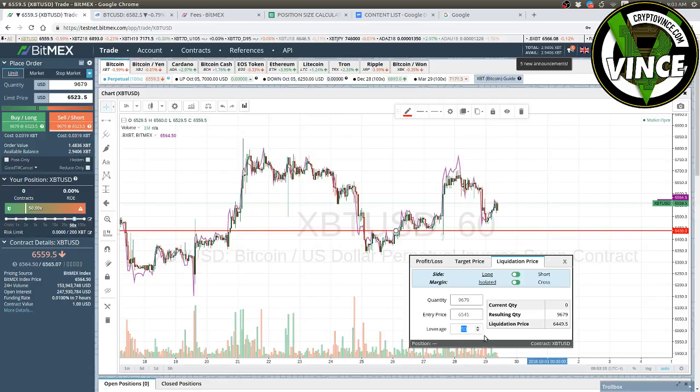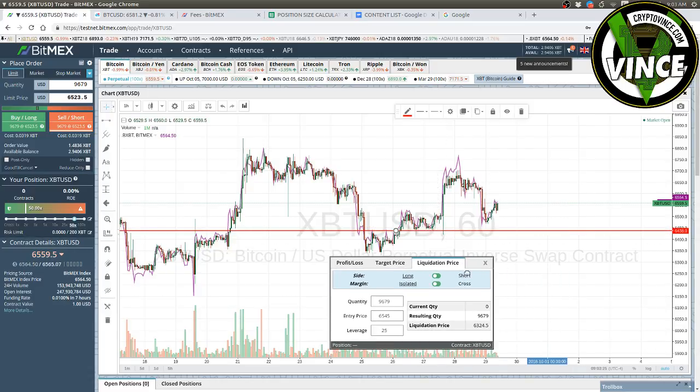Your liquidation price will be far away. BitMEX has a calculation for your bankruptcy price and another for your liquidation price. Strictly, your bankruptcy price is your leverage times the percent you've got until you're liquidated. For example, if you're 100 times, then the price can move 1% against you and you'll lose everything, because 1 times 100 is 100%. So you've lost it all.